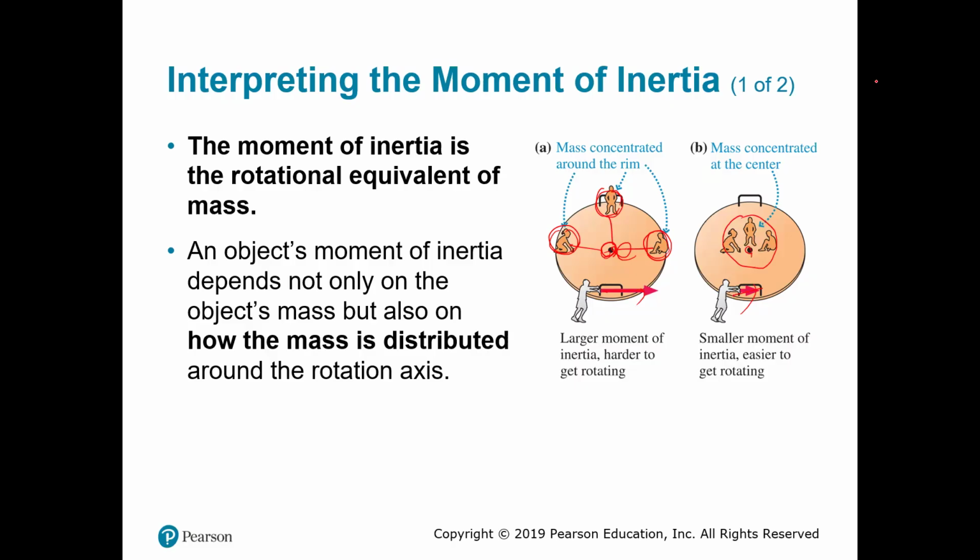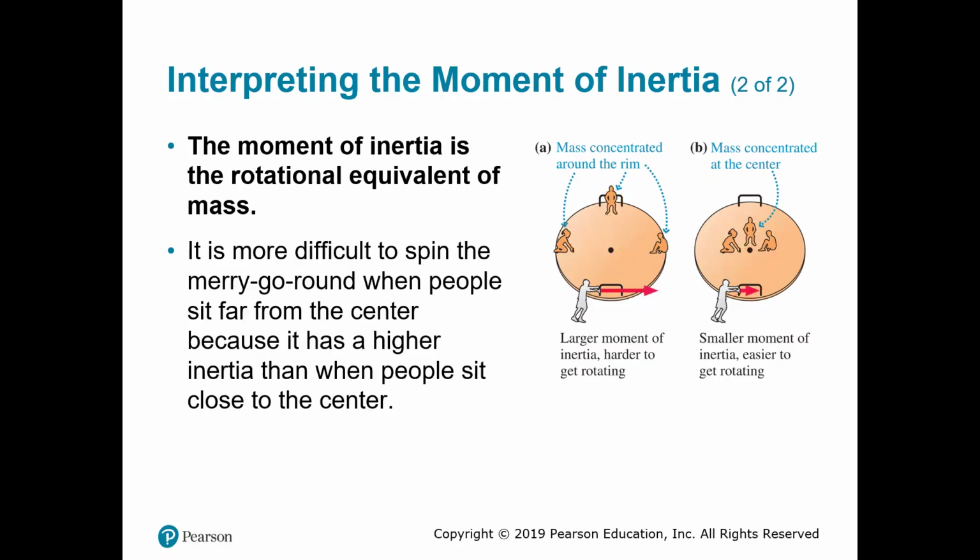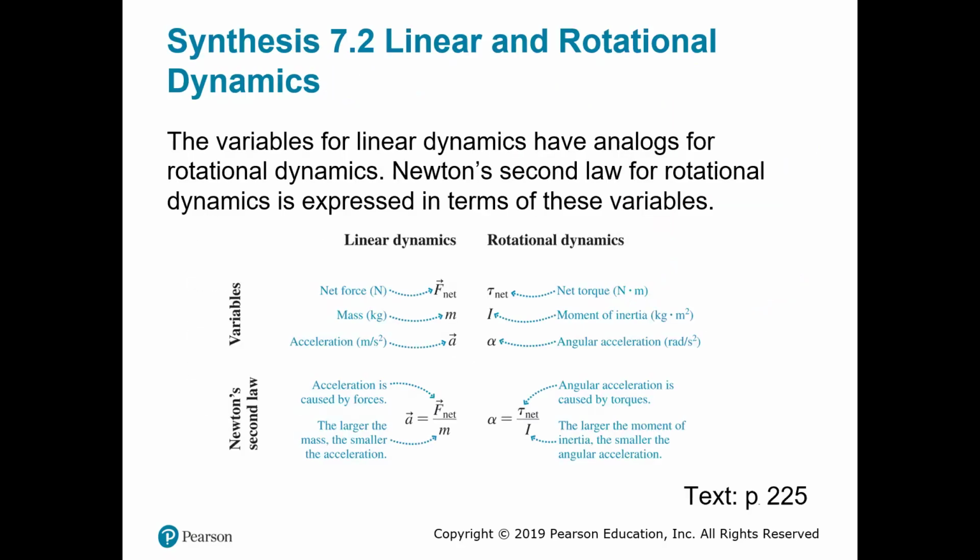That's why the moment of inertia is proportional to m r squared. If you have a greater r, your I will increase as a function of r squared. So this is the comparison: force, torque, mass, moment of inertia, a, alpha.